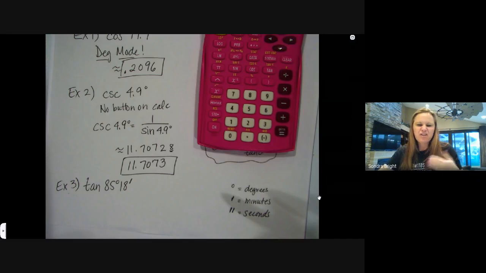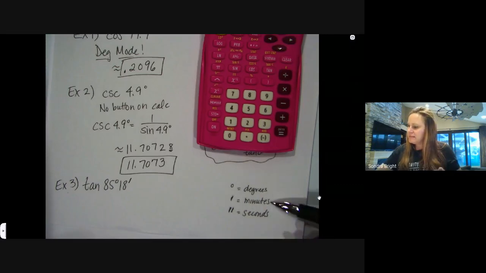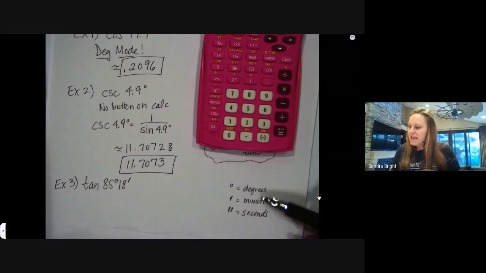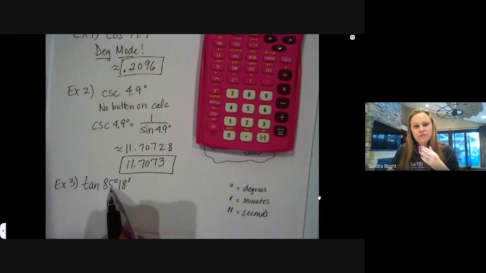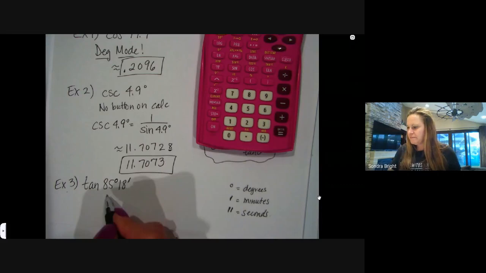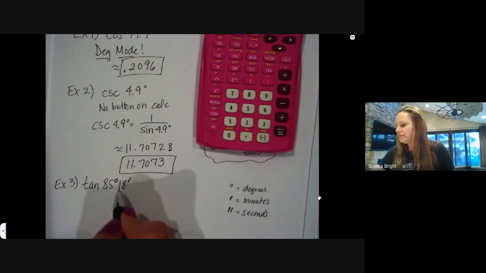They match up with our time, so that works out well. But anyway, instead of it being 85 whole degrees, it's more than that. It's 85 degrees, but it's not 86 degrees. There's 85 degrees with just a little bit more. So we have a button on our calculator for this.